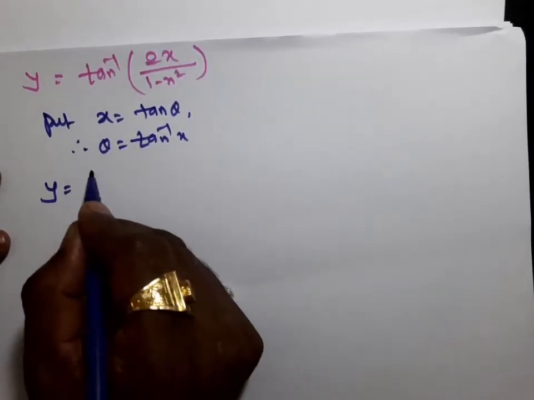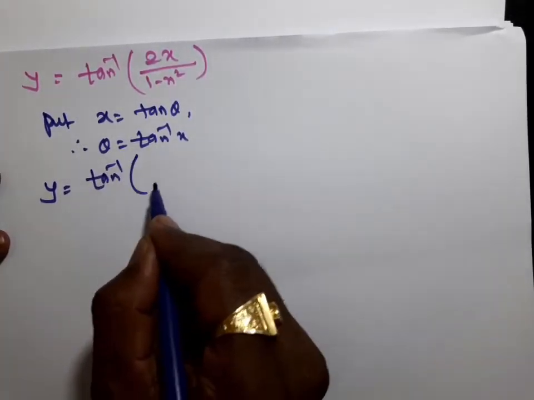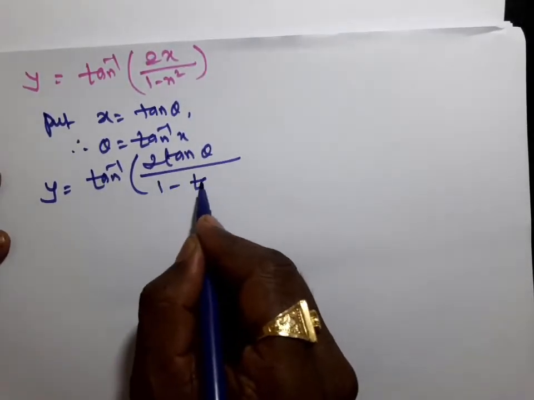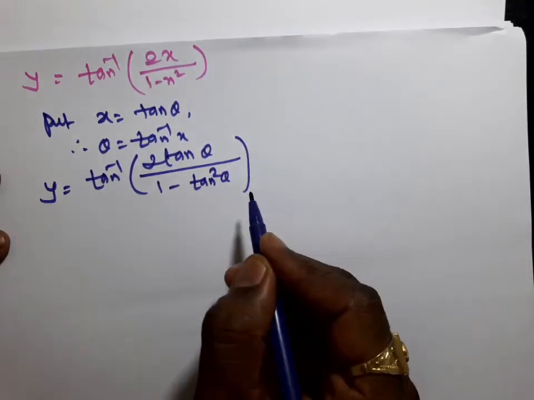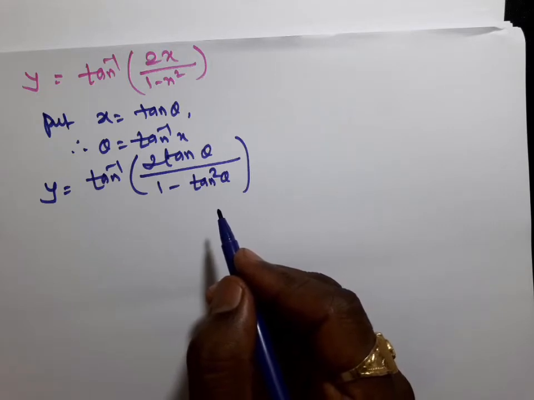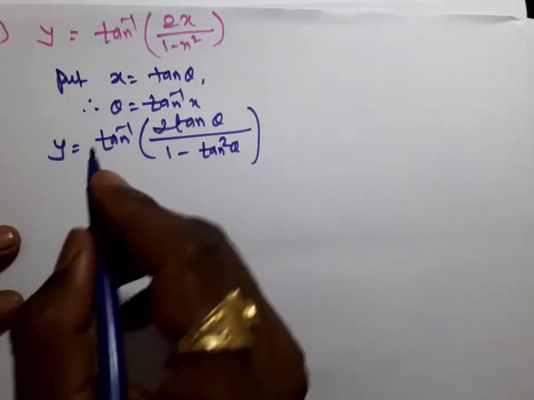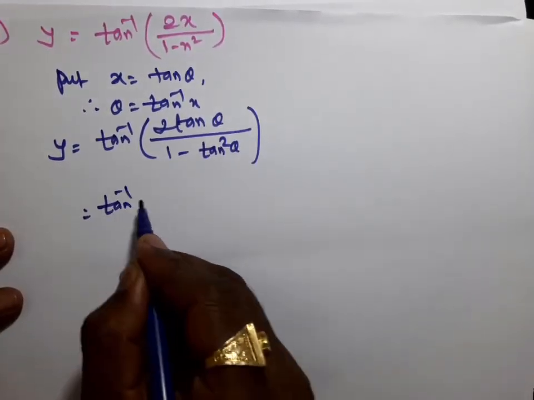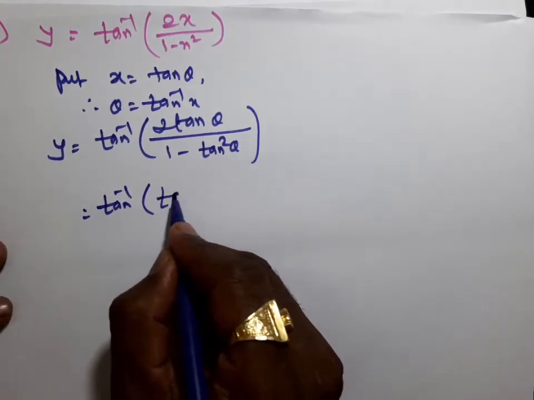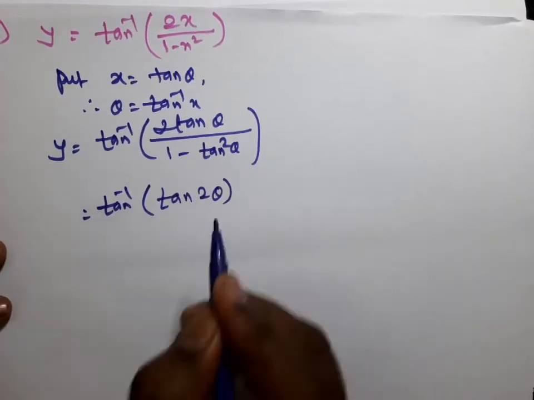So what will happen after substitution? 2 tan theta upon (1 minus tan square theta), and this is the formula of tan 2 theta.